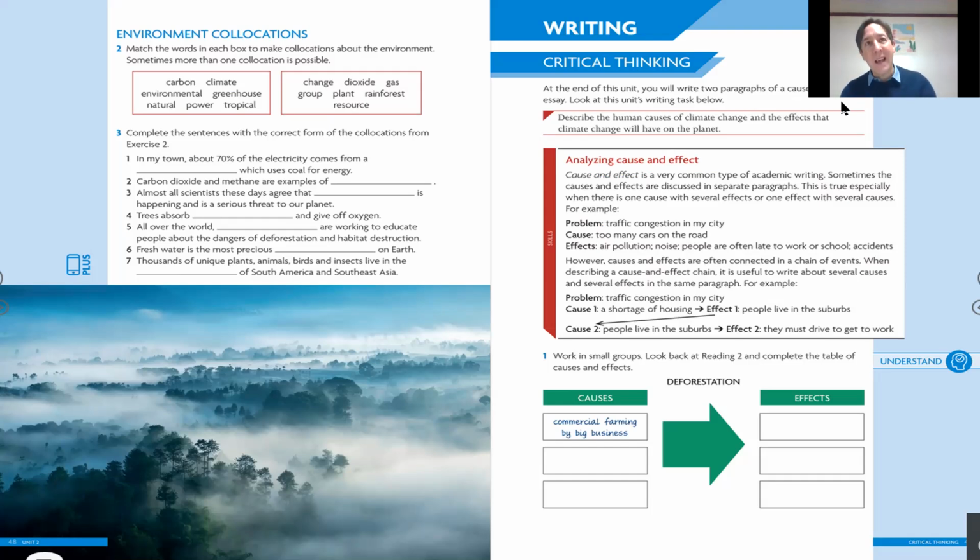Greenhouse, greenhouse gas. Natural, natural resource. Power. Power plant. That's a factory where they make energy, like a nuclear power plant. Tropical rainforest.